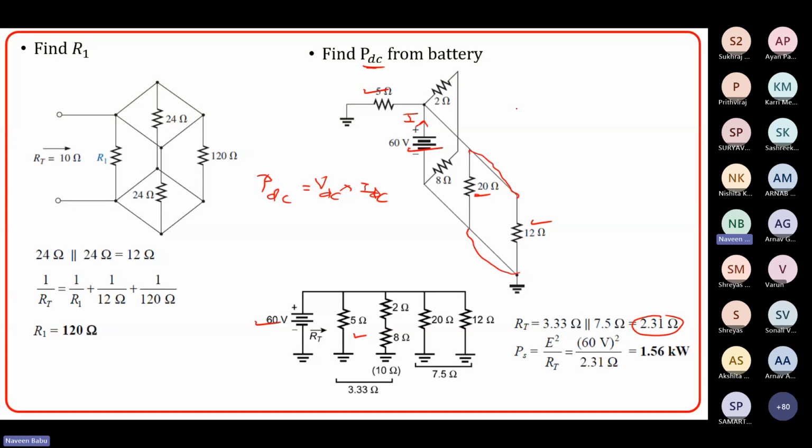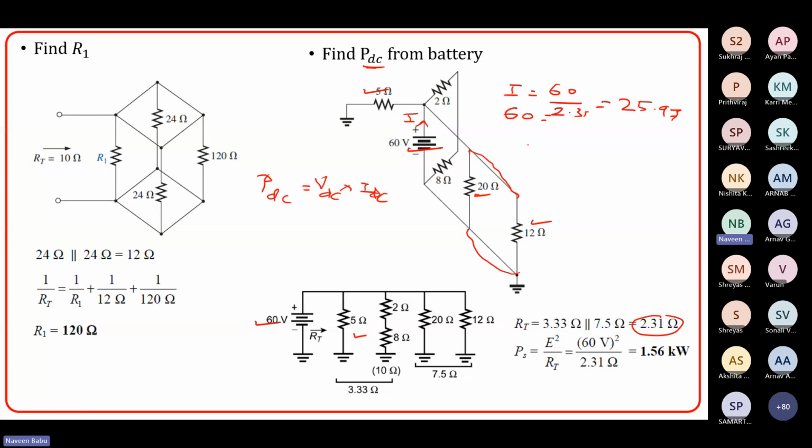So you need to find the current, right? So I will be equal to 60 upon 2.31. Let me calculate. 60 upon 2.31 is 25.97, which is the current coming out.